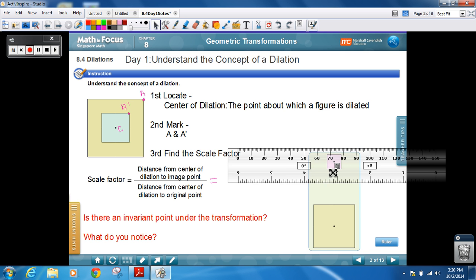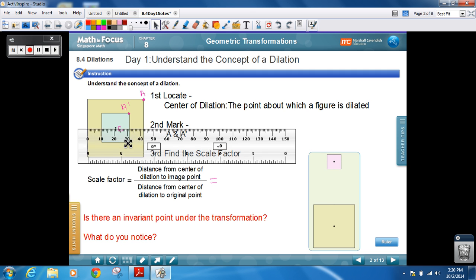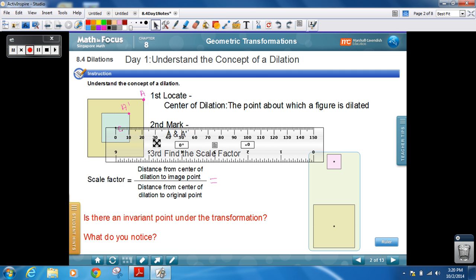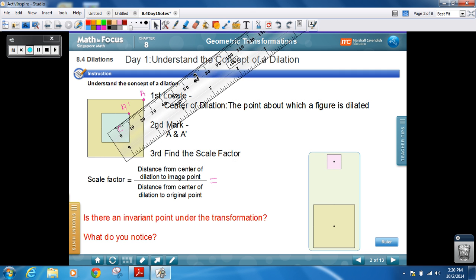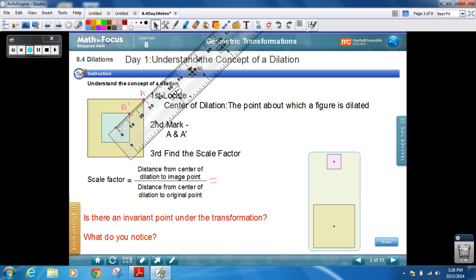So I need to get a ruler, and I'll try to be as accurate as possible here. I'm going to put 0 on the point C, and there's my ruler. The distance from the center to the image, remember that's A prime, is 15, over the distance from the center of the dilation to the original point, which is 30.